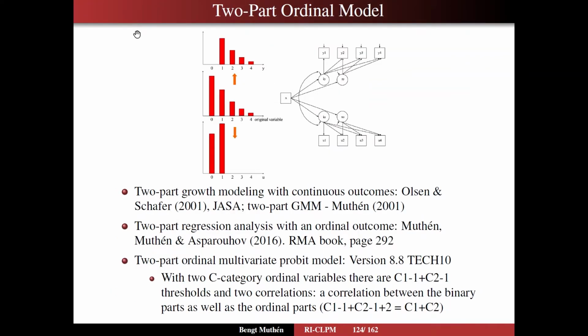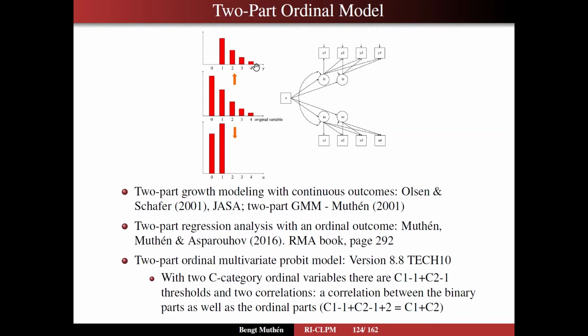So 2-part modeling, that's something that we in the Mplus group have looked at before in the context of growth modeling, like a model over on the right here. So we consider a variable here. This is the original variable with 5 categories, 0, 1, 2, 3, 4. And we break it up in 2 parts, whether or not you're at 0 or above 0. So that's a binary variable, and the part of the distribution that's above 0.